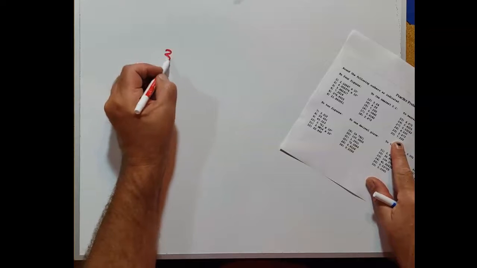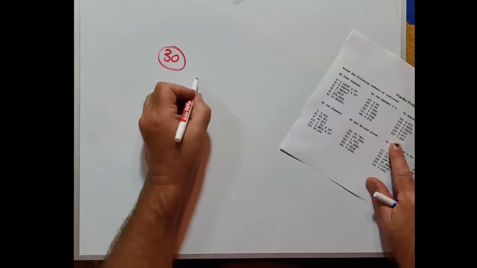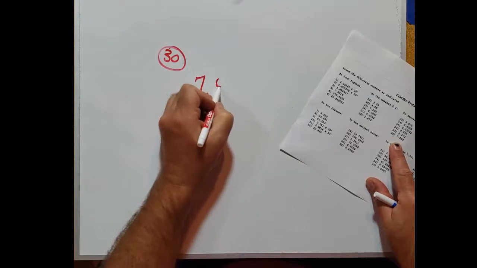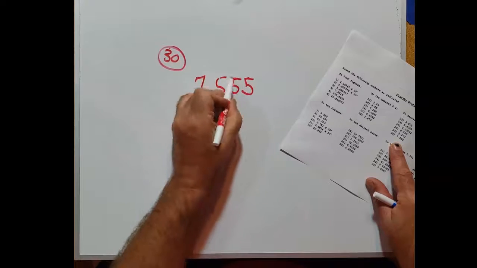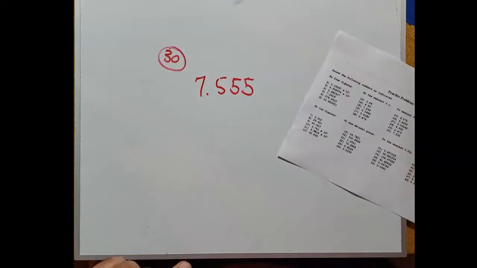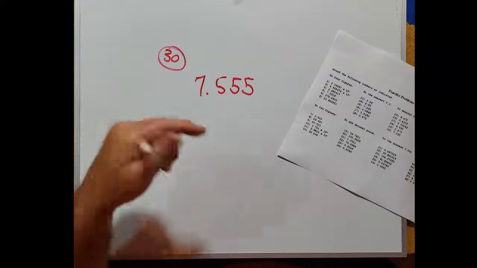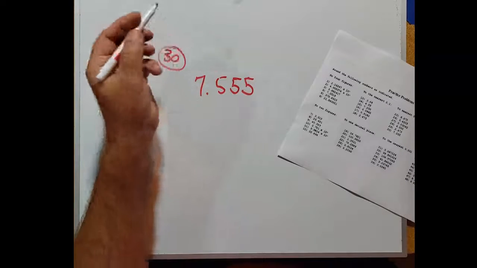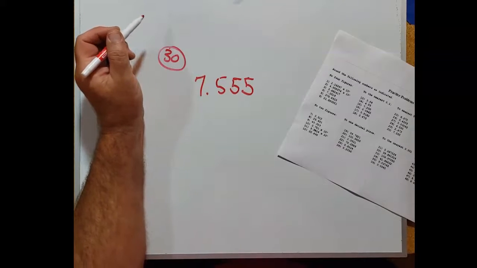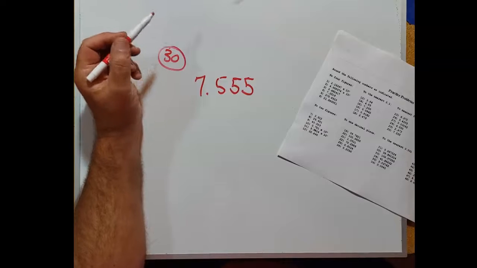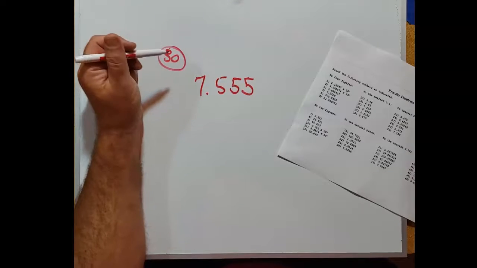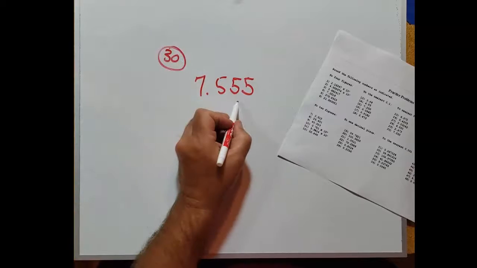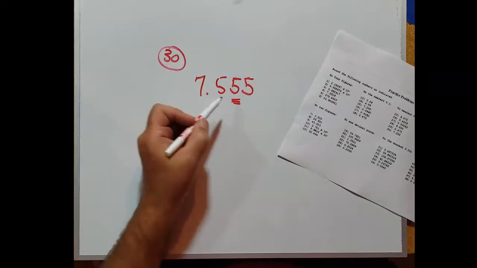How about number 30? 7.555. And the instructions are to the nearest 0.01. What does 0.01 represent? That 1 is in the hundredths place, so I want to round off to the second decimal place right here.